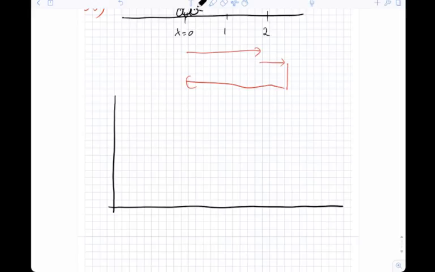Sure, why not? So 1, 2, 3, up to 30. Oh, good, 30. All right, so we can just do t in seconds as the natural unit.